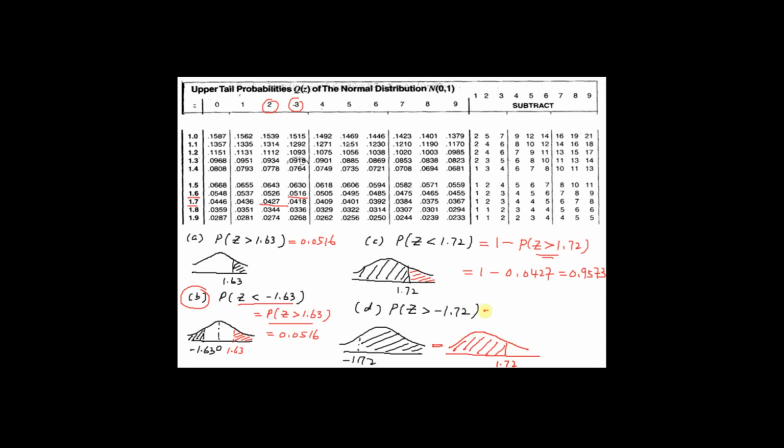That is the same as probability Z less than 1.72. Remember, this is equal to 1 minus probability Z more than 1.72. That is the same as this one. 1 minus 0.0427. This is equal to 0.9573.